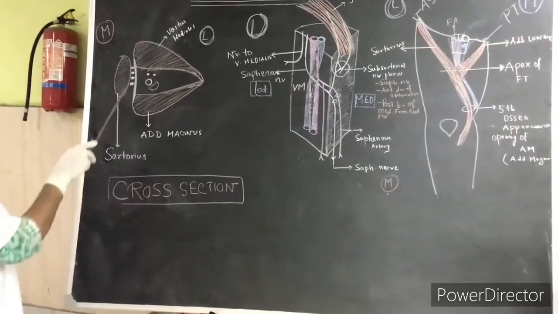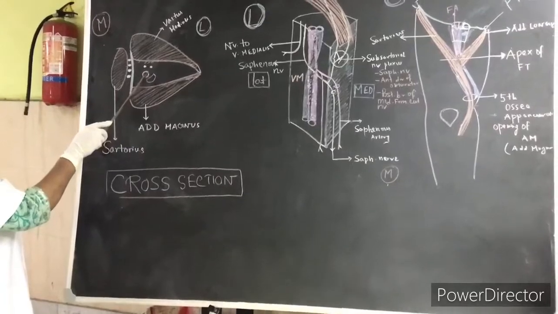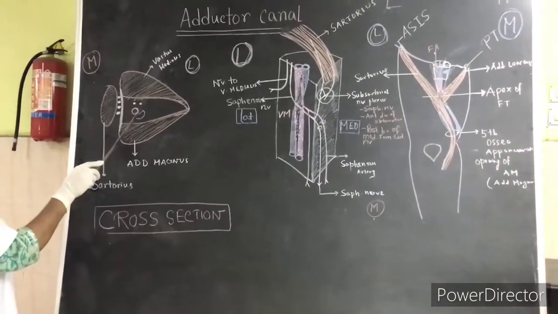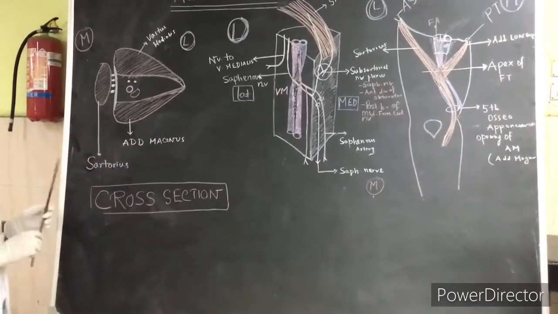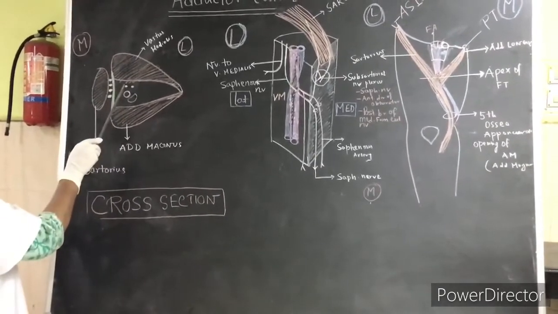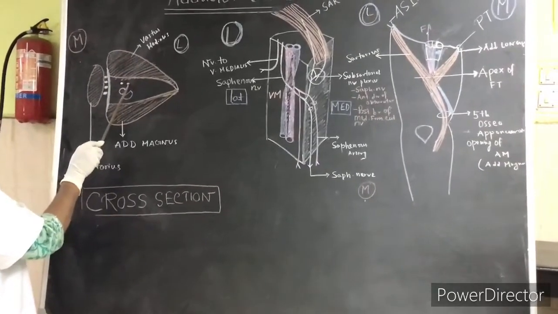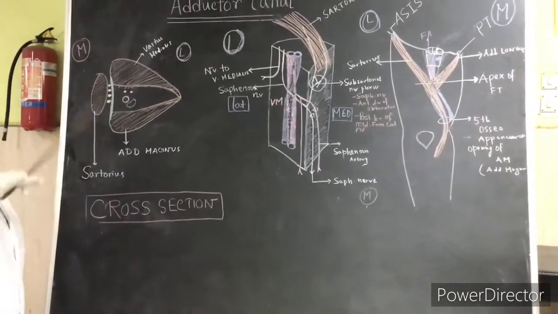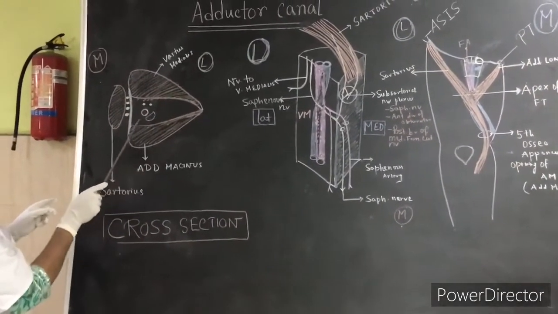Okay. Now coming to the content of the adductor canal. So if you can see this picture, this is femoral artery, this is femoral vein, okay, and one is saphenous nerve and another is nerve to vastus medialis. Okay. The contents of the adductor canal. So this is the space.